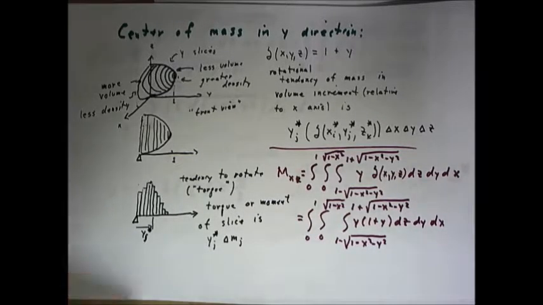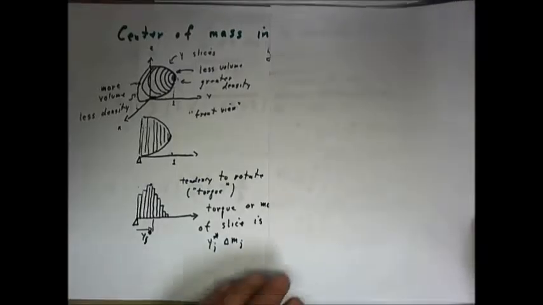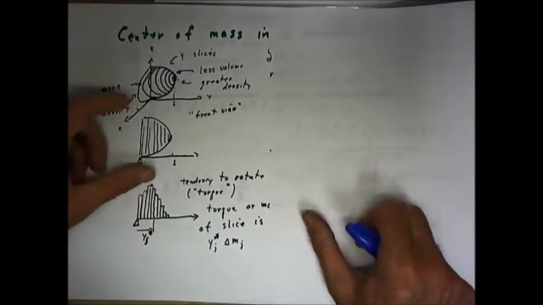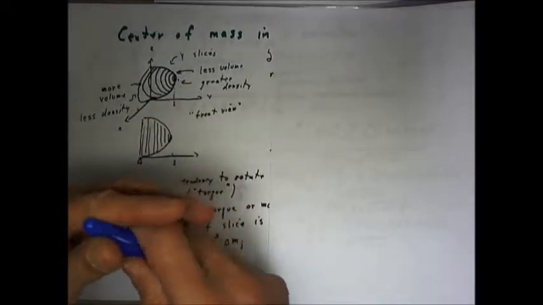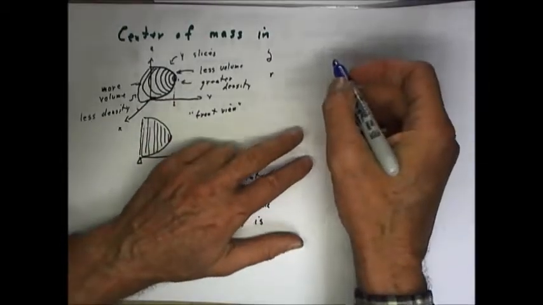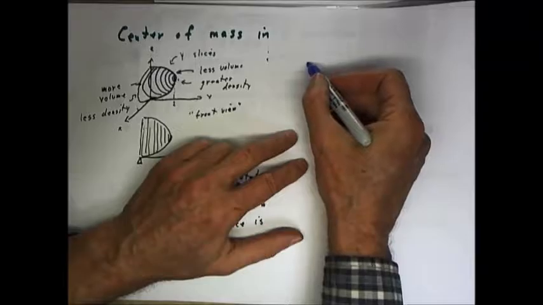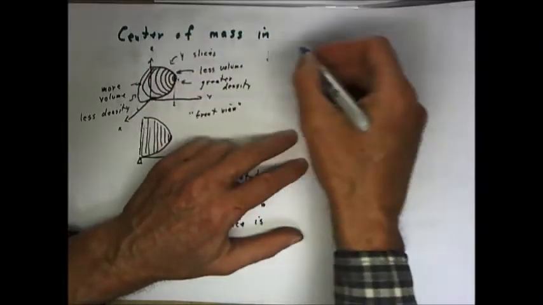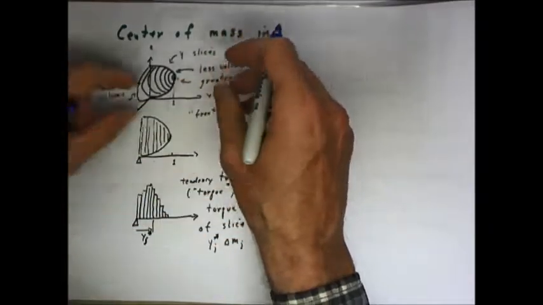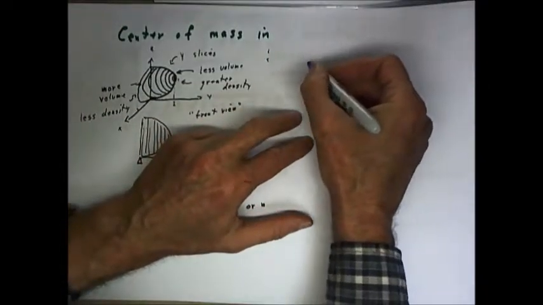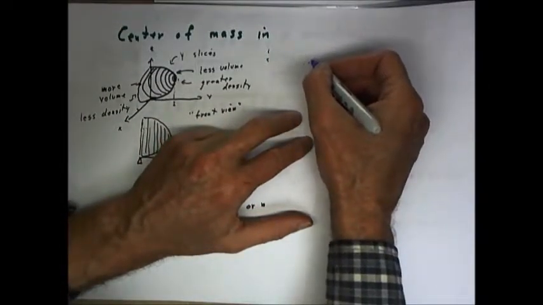We could similarly find the moment about the y-axis, so that if the x-axis in this picture, let's rotate the x and y axes so that we go this way.